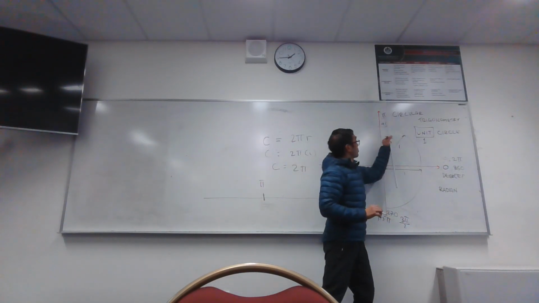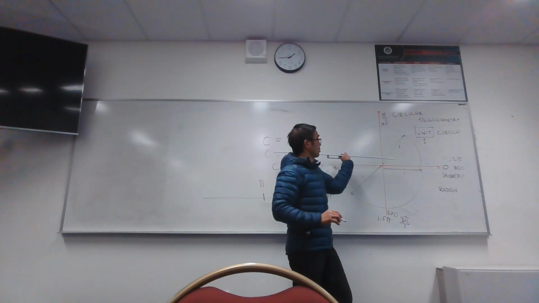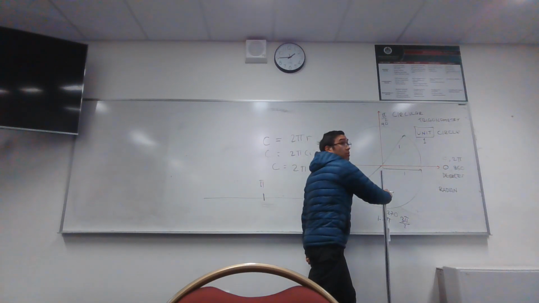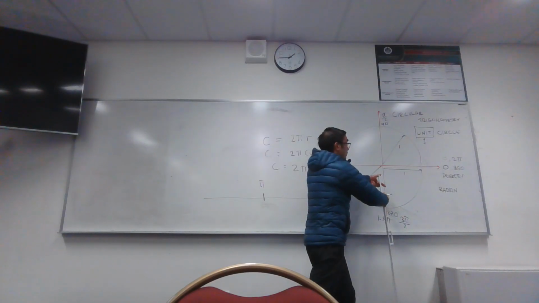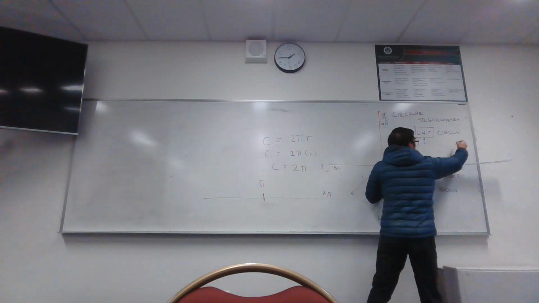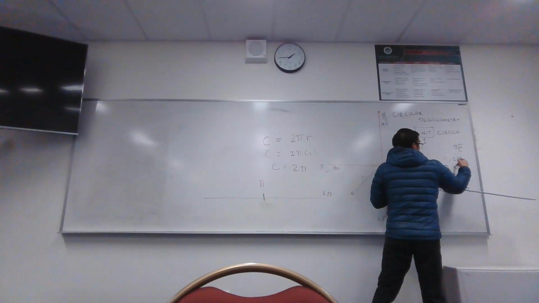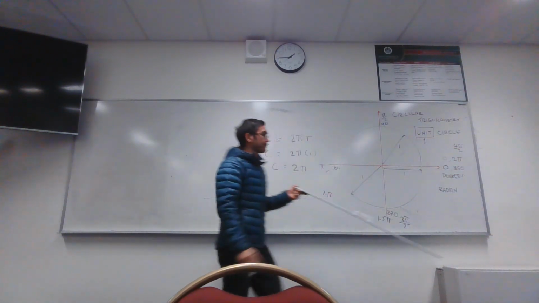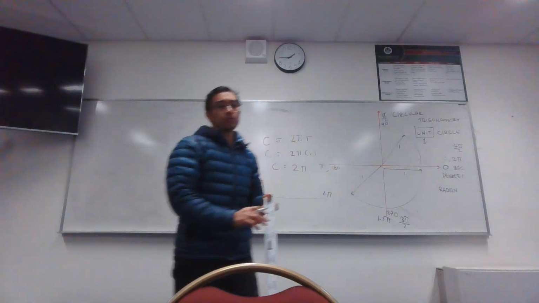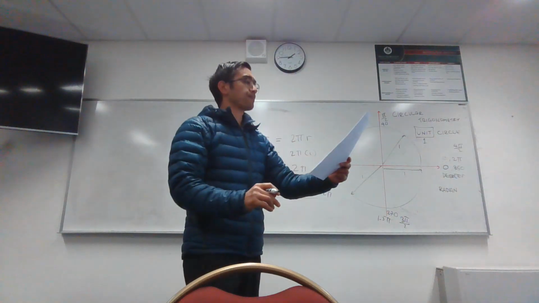Because that's 1 pi on 2, 2 pi on 2, 3 pi on 2, 4 pi on 2. Well, what's 4 divided by 2? 2 pi. That's the foundation of circular trigonometry at the moment.